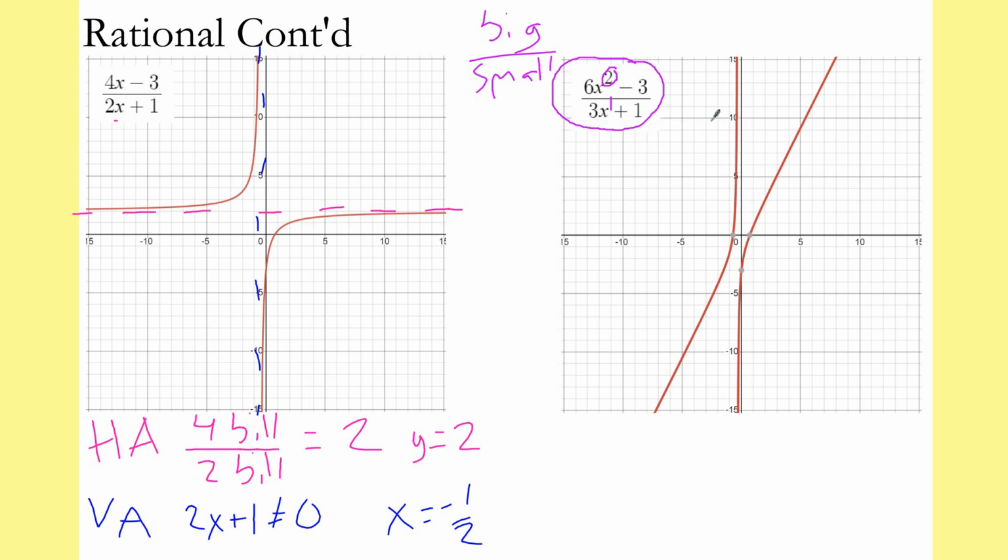But you can still get the vertical asymptote. The vertical asymptote is still when 3x plus 1 doesn't equal 0. And that was a 3. That's better. So this is when x is negative 1/3, which is what we have. Sorry, I'm trying to go through it fast.